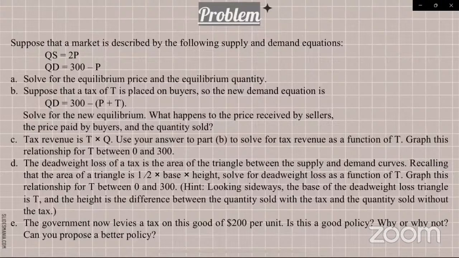And for the hint, looking sideways, the base of the deadweight loss triangle is T and the height is the difference between the quantity sold with the tax and the quantity sold without the tax.